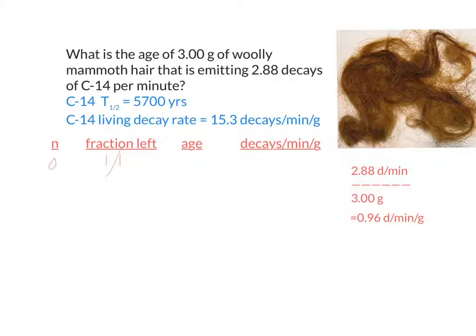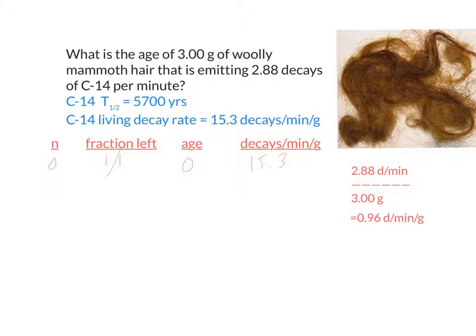Instead, we would like to start with an age of 0, because no time has passed, and that means our decay rate is for a living organism, since no time has passed or it just died, it would be 15.3 decays per minute per gram. So we're going to put 15.3 in there.